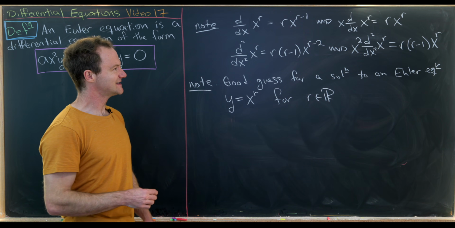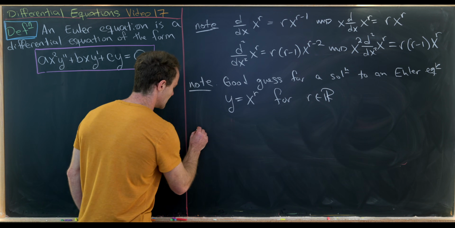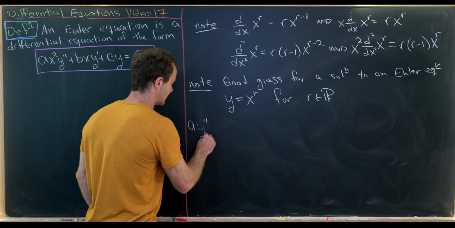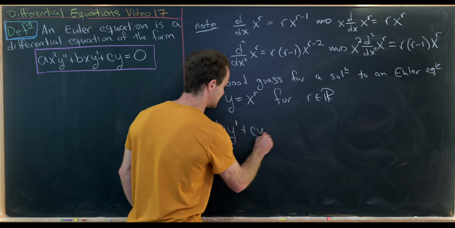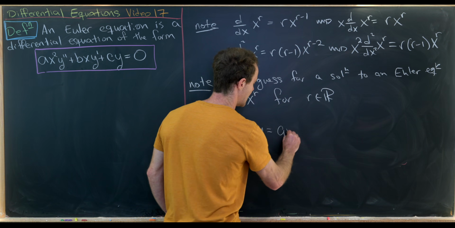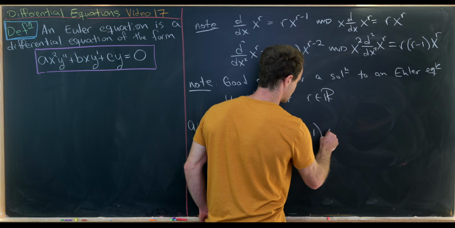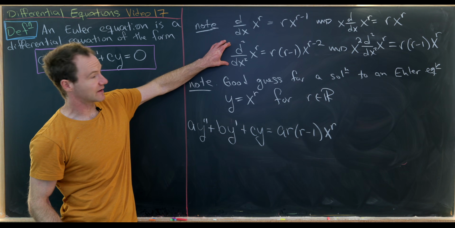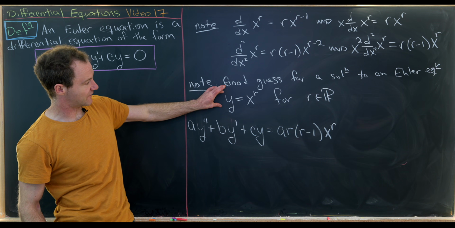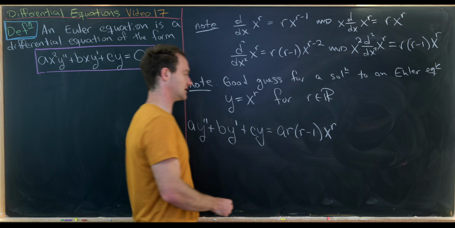Okay, so let's see exactly what happens here. We'll have ay double prime plus by prime plus cy turns into a times r times r minus 1 times x to the r from our calculation right here, along with the fact that we're taking y to be x to the r.